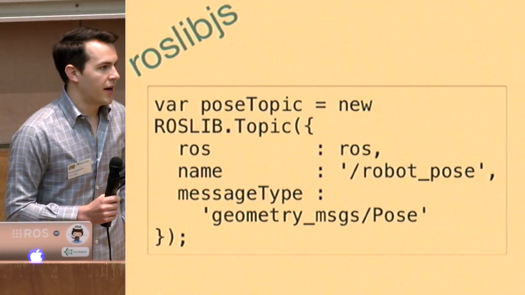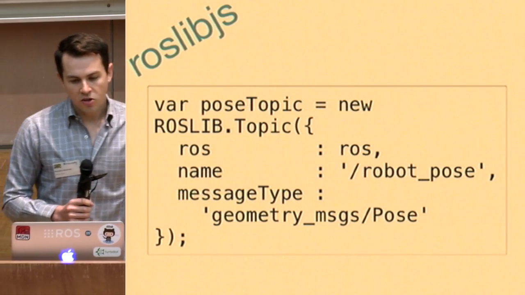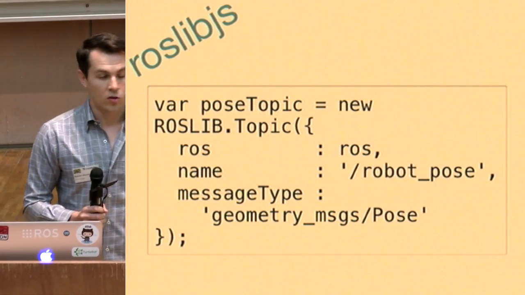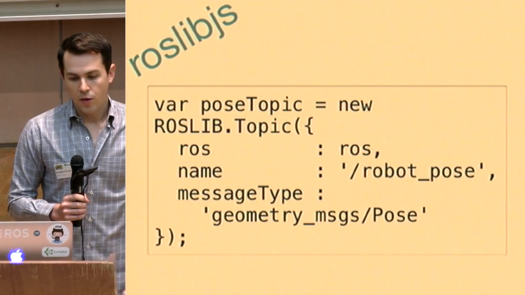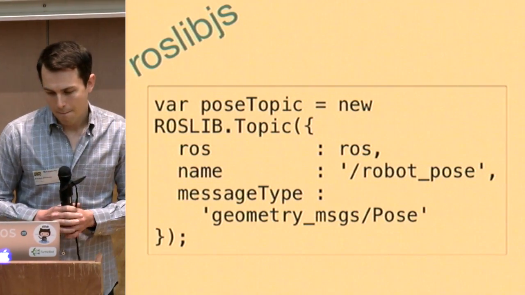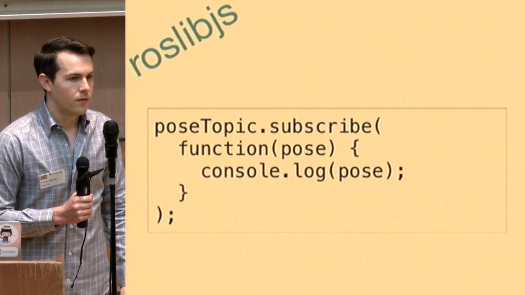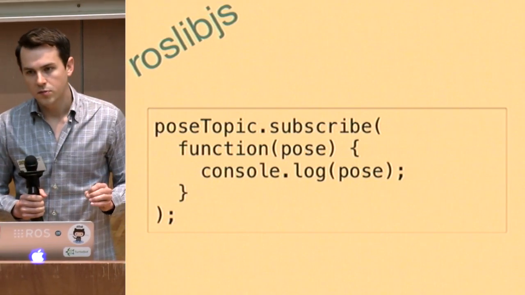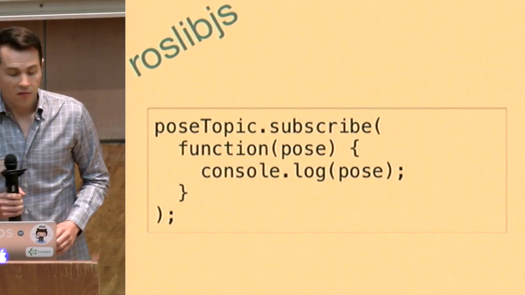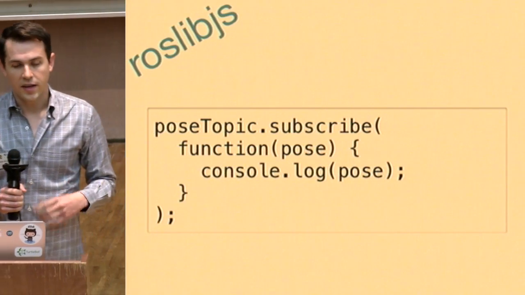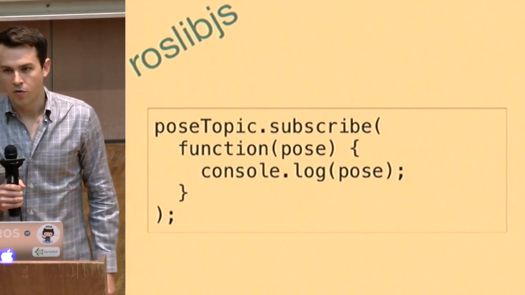Just like in RosPy or RosCPP, you're able to subscribe, you create a subscriber. So in this case, we subscribe to the robot pose topic, and we give it the message type. And then we just call subscribe. What happens here is when we call subscribe, RosLibJS sends a JSON encoded message to RosBridge saying, hey, can you subscribe to the robot pose?